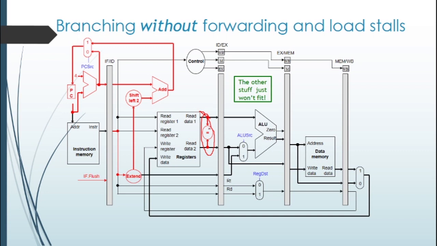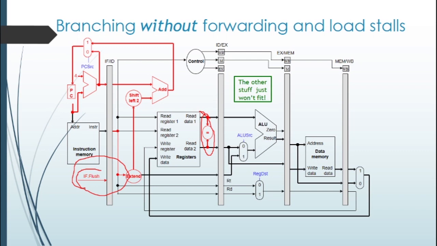Both were previously done in the third stage and are now done here. We are not talking about how the flush signal is generated; we are just seeing that if there is a branch in this case, we need to flush.